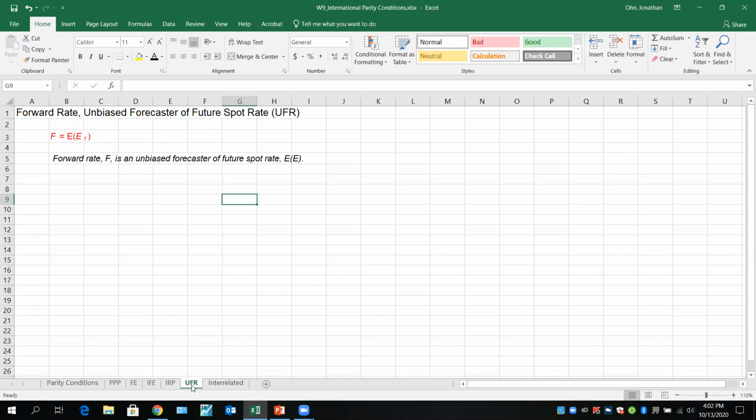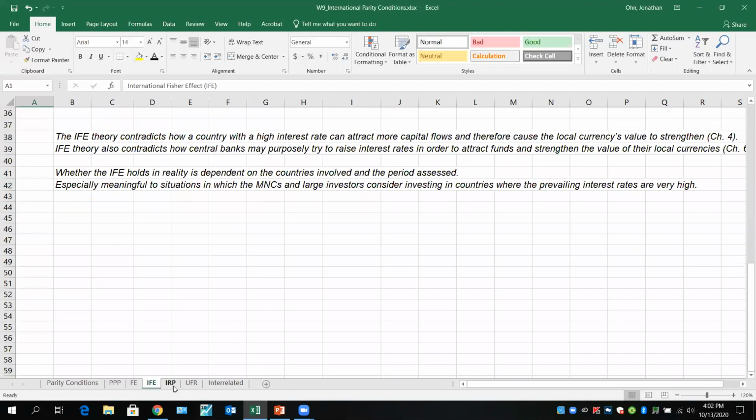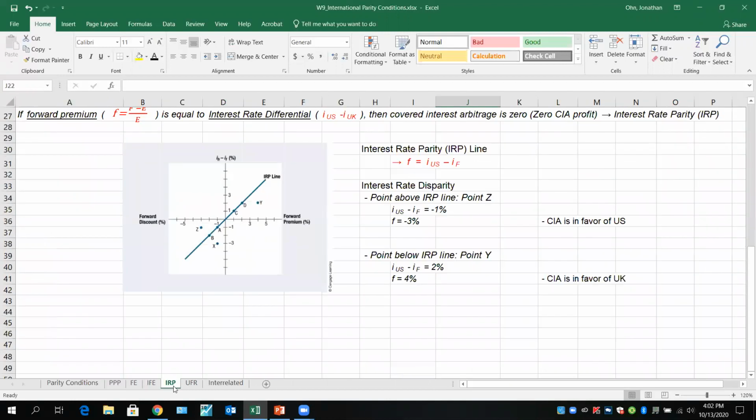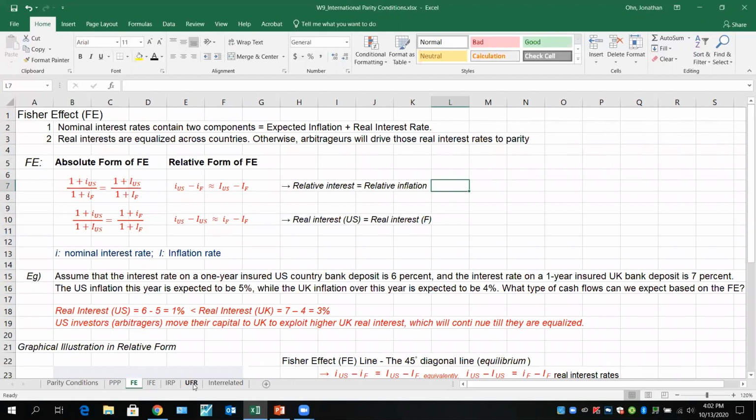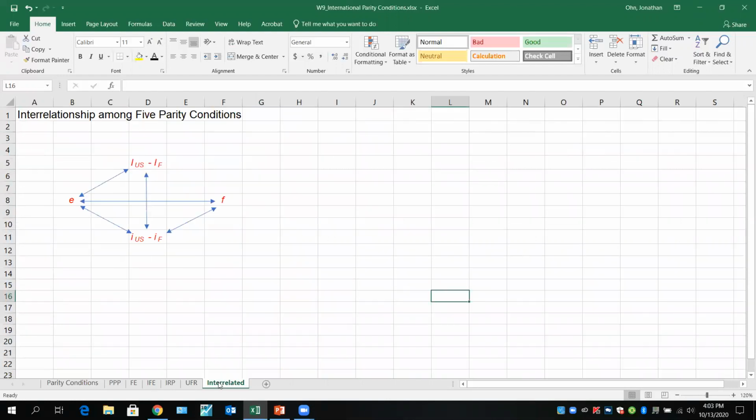As I said, our textbook just includes PPP, IFE, and IRP. But the Fisher effect and UFR make this discussion complete. And that's my favorite structure. Let's put these 5 things together here.